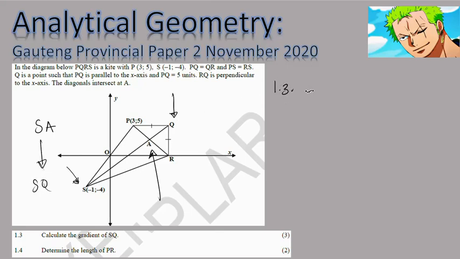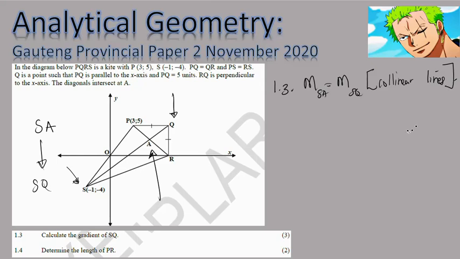So with that, I'm going to say gradient of SA is equal to the gradient of SQ, because we have collinear lines.